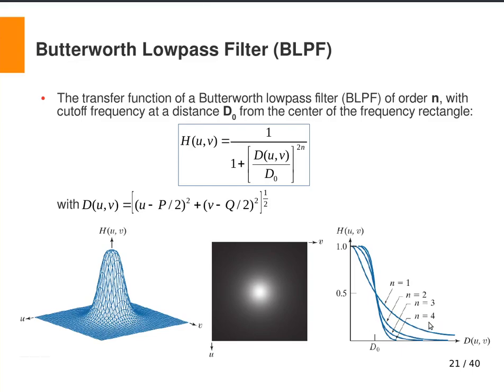If we have higher values of n, we have much sharper transitions between the lower frequencies and the higher frequencies. But if we are working with smaller values of n, the transition happens much more smoothly. That's why Butterworth filters can be designed to resemble the behavior of either ideal low pass filters or Gaussian low pass filters.